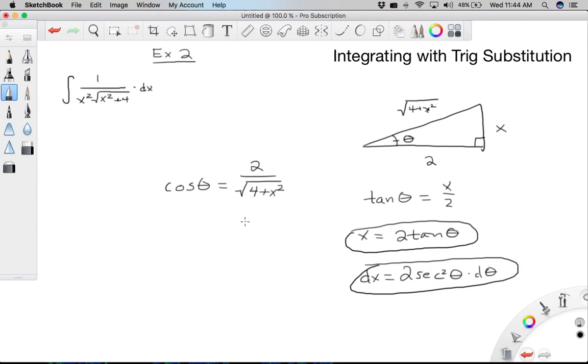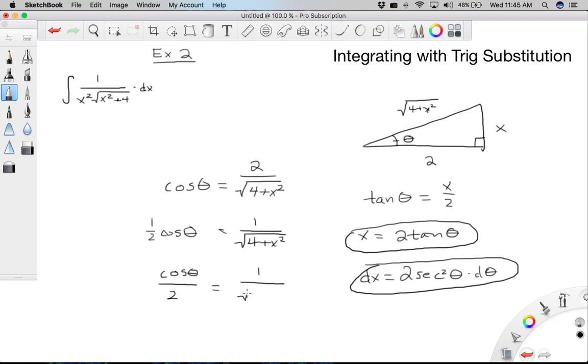Okay, so if we divide both sides by 2, we'll get 1/2 of the cosine of theta is equal to 1 over square root 4 plus x squared. Okay, so that's pretty good, right? Actually, I might rename this 1/2 of cosine theta, cosine theta over 2.